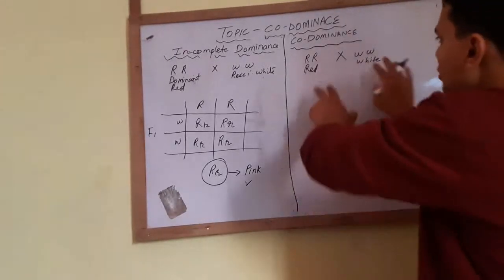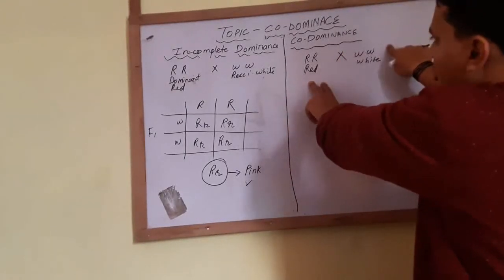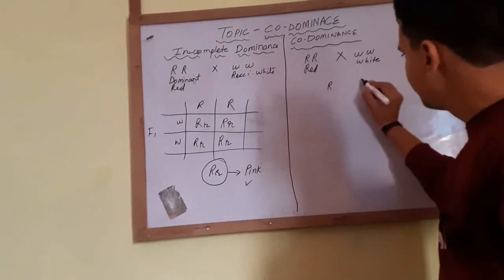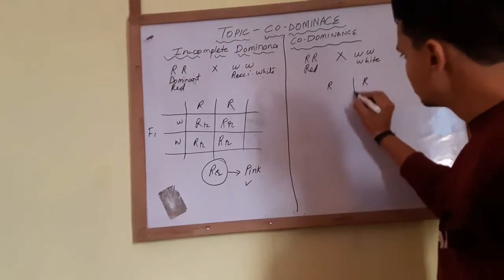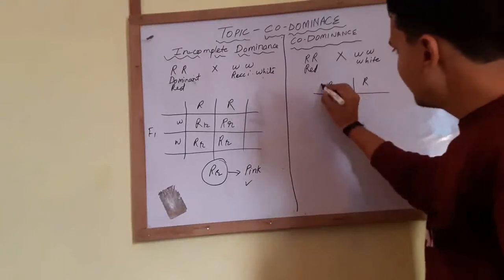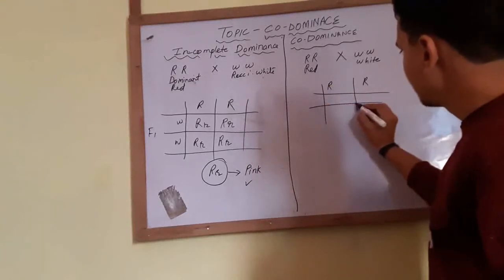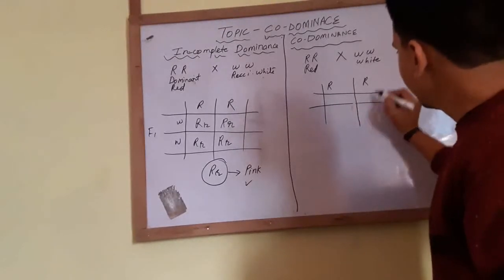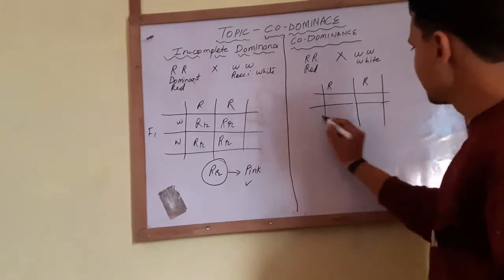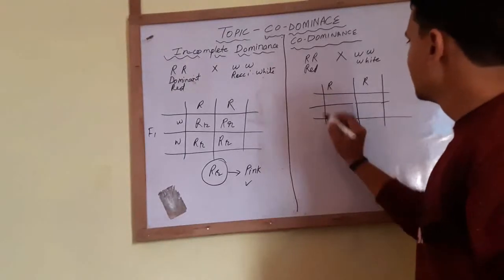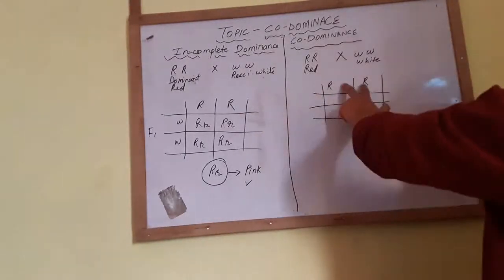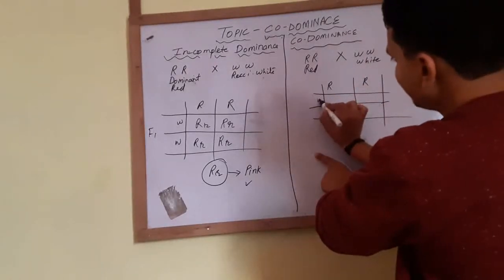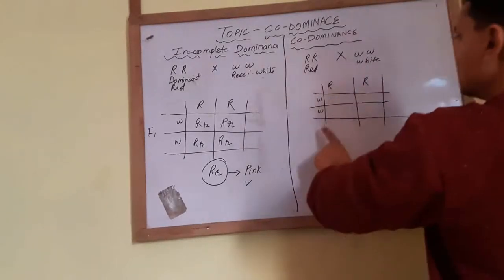When these both gametes are being crossed, what we will get is, say, plot them in a Punnett square. So guys, when plotting them in a Punnett square, the result that we will get will be, okay, pure dominant red color flower crossed with pure recessive white color flower, right?